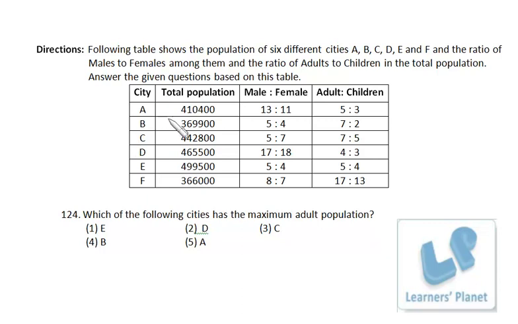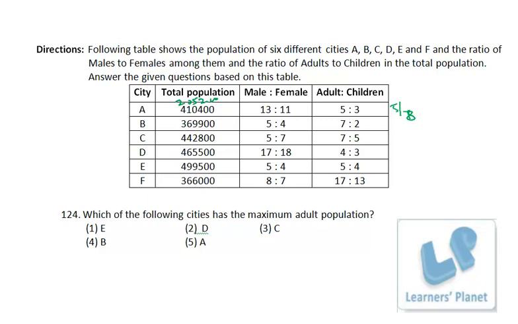Total population is 410,400, and out of that the ratio of adult to children is 5:3, right? So precisely adults are 5 by 8 of the total, that means 1 by 8 more than 50%. Okay, so 50% of this must be 205,200, right? 50% is this.